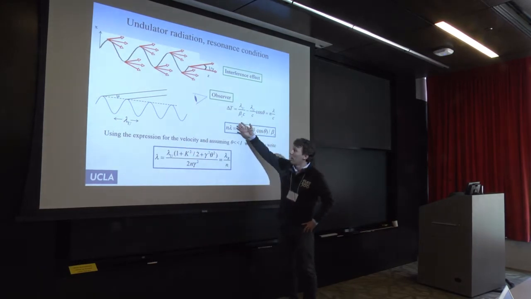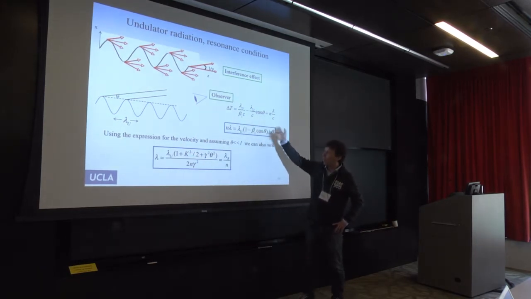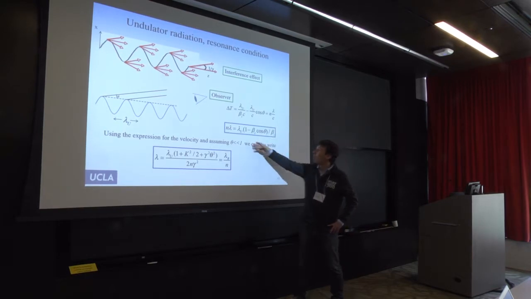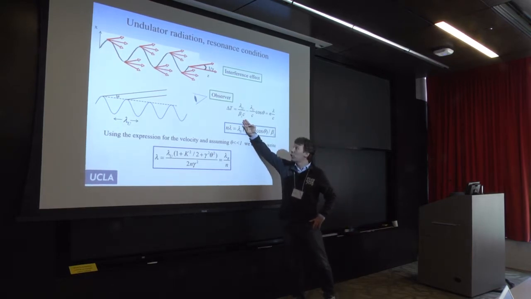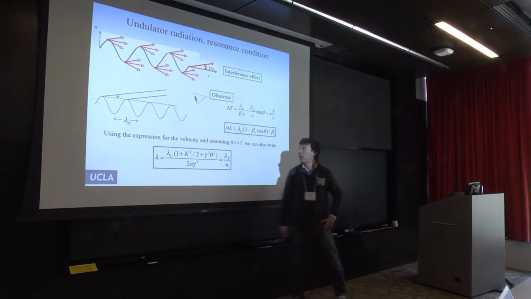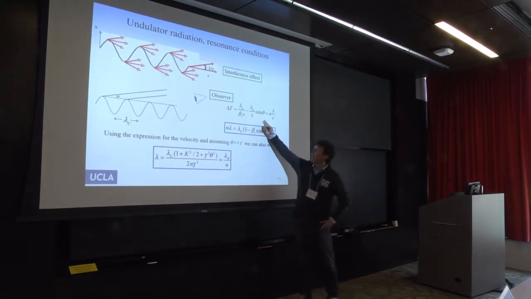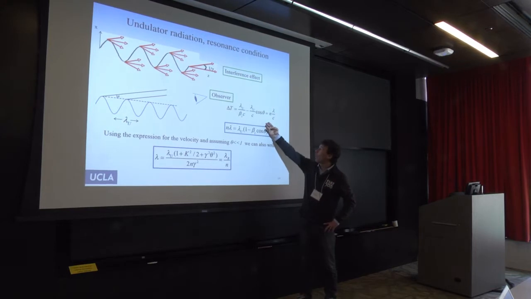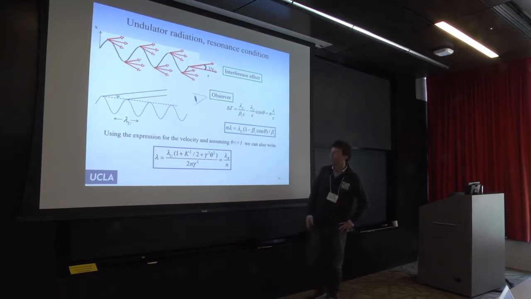And of course, the difference in time between these two rays, the optical path, will be given by the difference in emission time due to the electron velocity, and the other contribution is from the angle of propagation. If this is a multiple of the wavelength, then you can have constructive interference.